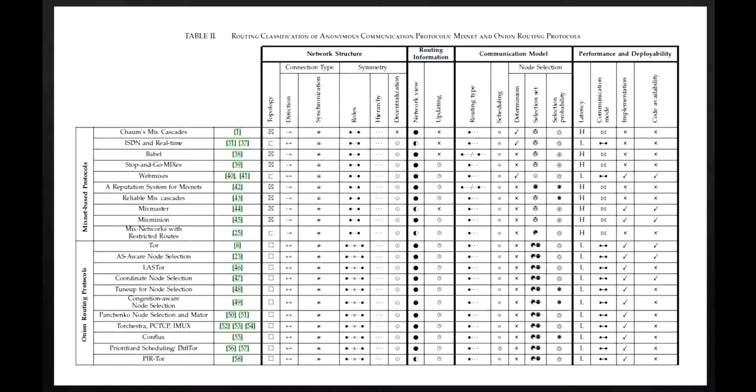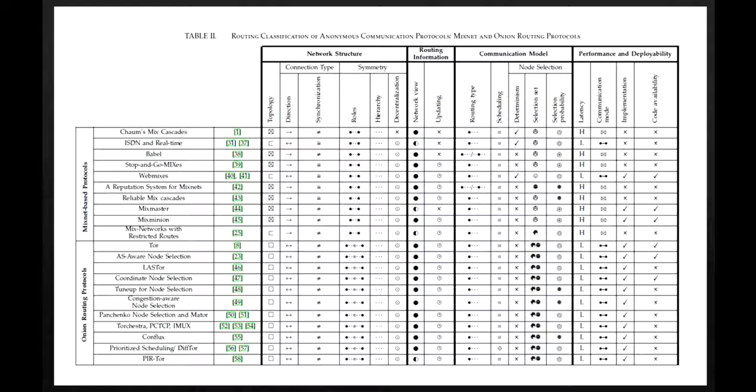That is, you can see a fully shaded circle, right? Mixmaster has a partial view, whereas Mixminion has a complete view. For Stop-and-Go, since all mixers are chosen for a single mix cascade, it is deterministic. So the determinism is represented by a tick.